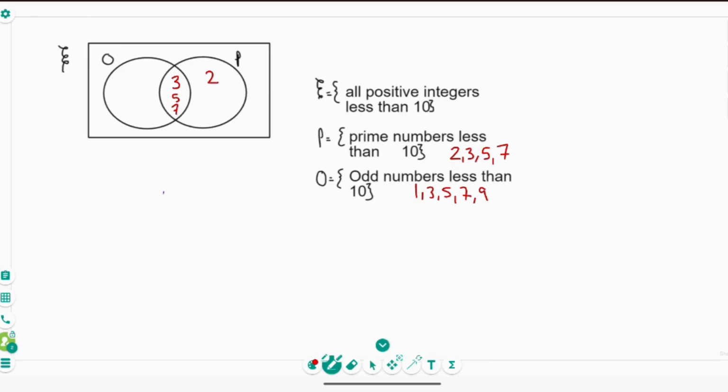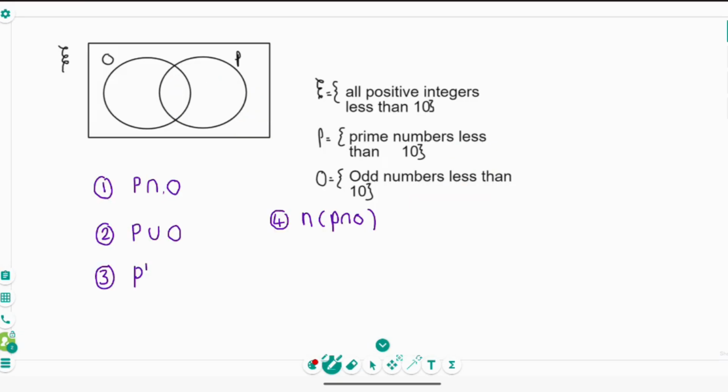And then for the odd numbers, we've got 1. And don't forget the numbers around the edge, because we've got all positive integers less than 10. We've got 4, 6, 8. Oh, and 9 goes in here. Okay, so now we've filled in our Venn diagram.